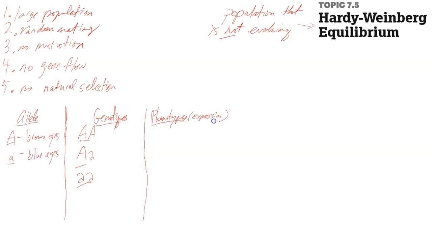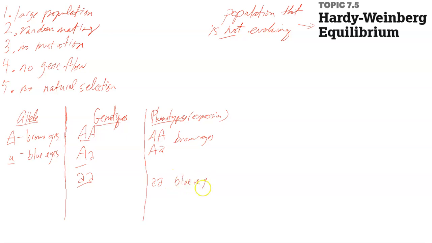I'll just put expression of a trait. So we know that big A codes for brown eyes, and it is dominant, which means that the genotypes which will code for brown eyes are big A, big A, and big A, little a. And the genotype that codes for blue eyes is little a, little a.